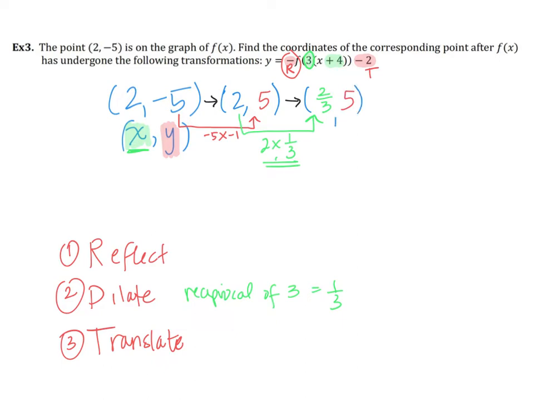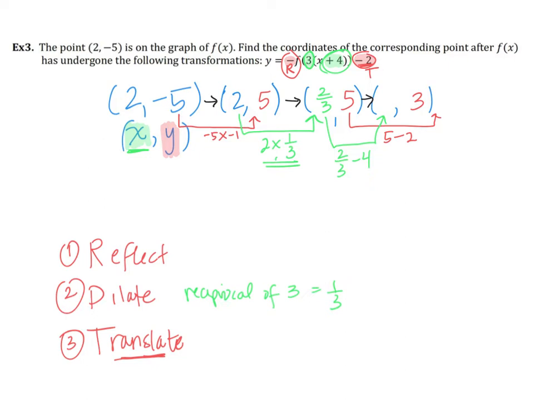Now the last two I have are translations. I have a translation associated with the y value. My 5 is going to subtract 2 because that's a -2, and that would become 3. And then I have my x value. This is a +4, but with a +4 you actually do the opposite with your horizontal.